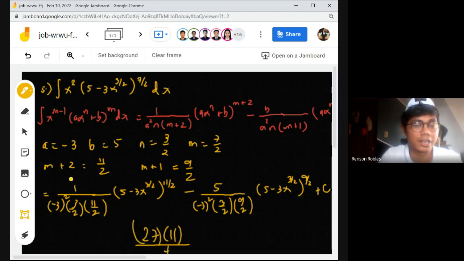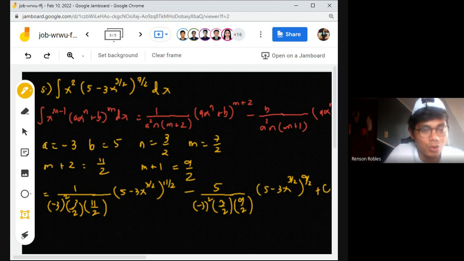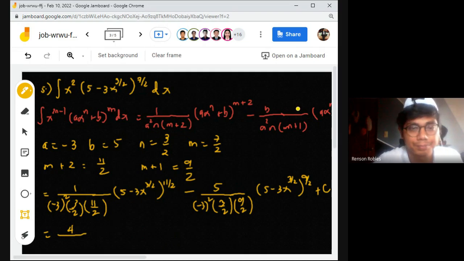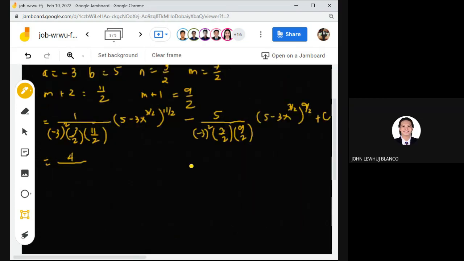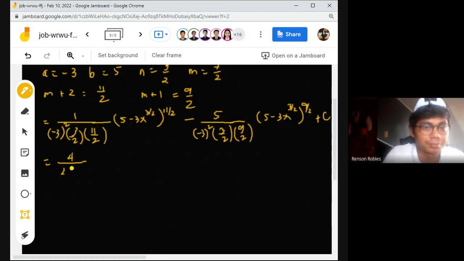Then that 4, just put it on top. Then kindly multiply 27 and 11. So you'll have 4 all over, what's 27 times 11? 297. Then you just copy 5 minus 3x raised to 3 halves raised to 11 over 2.